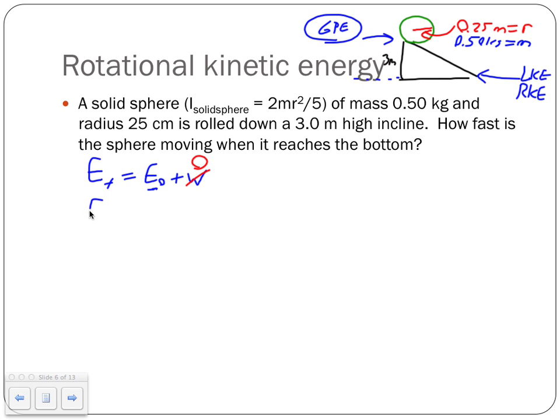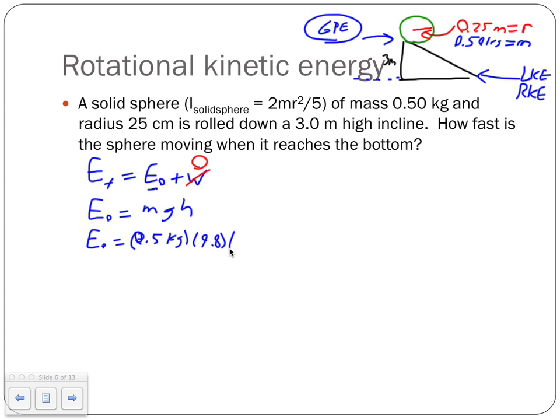So we said original energy is going to be equal to the gravitational potential it starts with, which is just going to be mgh. And so original energy here would be the mass of the object, which is 0.5 kilograms, 0.50 technically, times g, which is 9.8, assuming this is on Earth, meters per second squared.